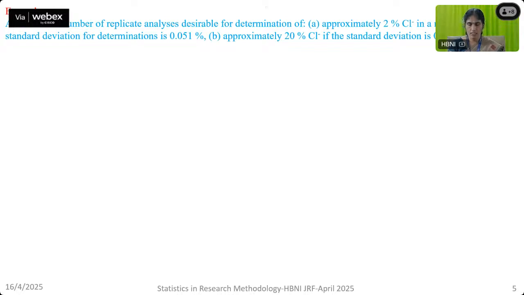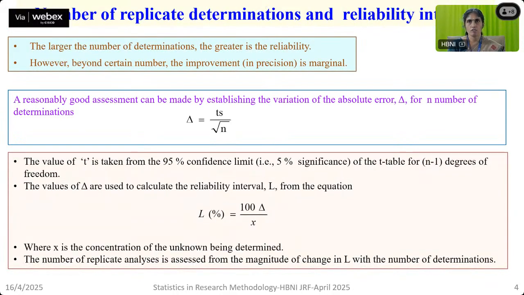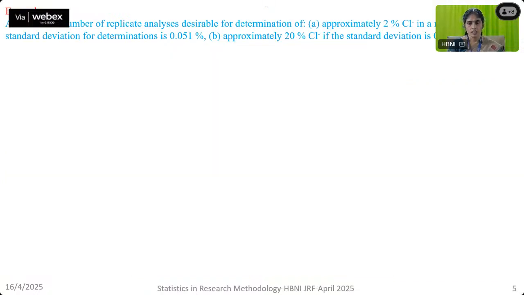But using the equations given in the previous slide, that is the absolute error and the reliability interval, we can get an idea about what is the minimum number of replicate analyses so that we will have a very good control on the reliability interval.